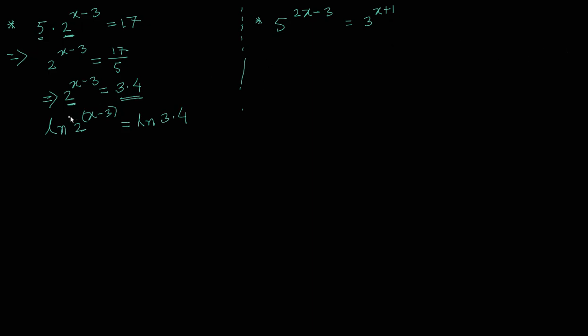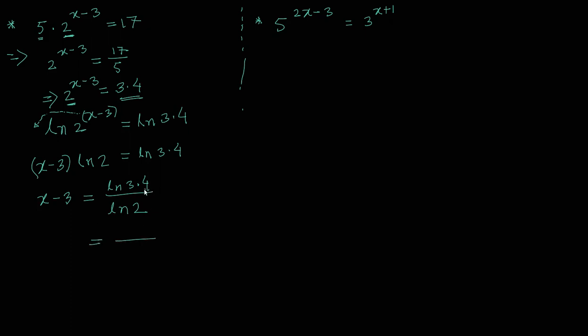Now you notice that the power x minus 3, I can bring to the front of my logarithm, so I can write x minus 3 natural logarithm 2 equals natural logarithm 3.4, and I can write x minus 3 equals natural logarithm 3.4 over natural logarithm 2. Okay, so let's do a little calculator punching.